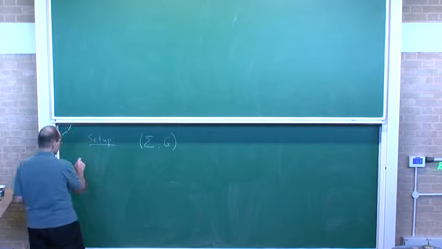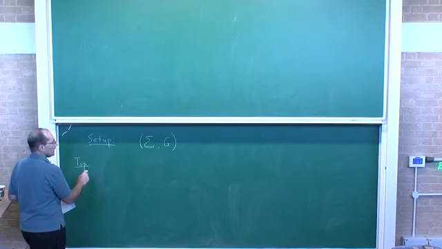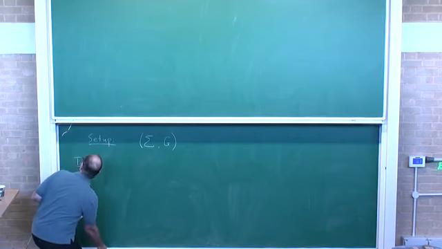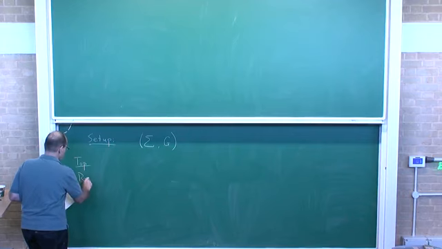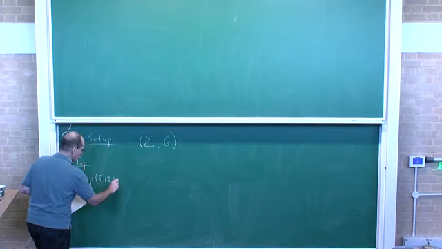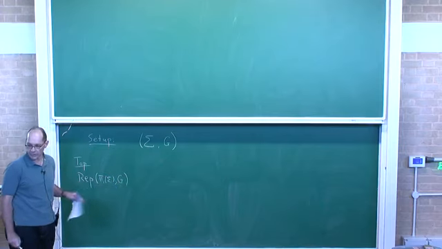The first one, which requires just topological information about the surface and the group, is the space of representations of the fundamental group of the surface into G. This means the space of homomorphisms up to conjugation.